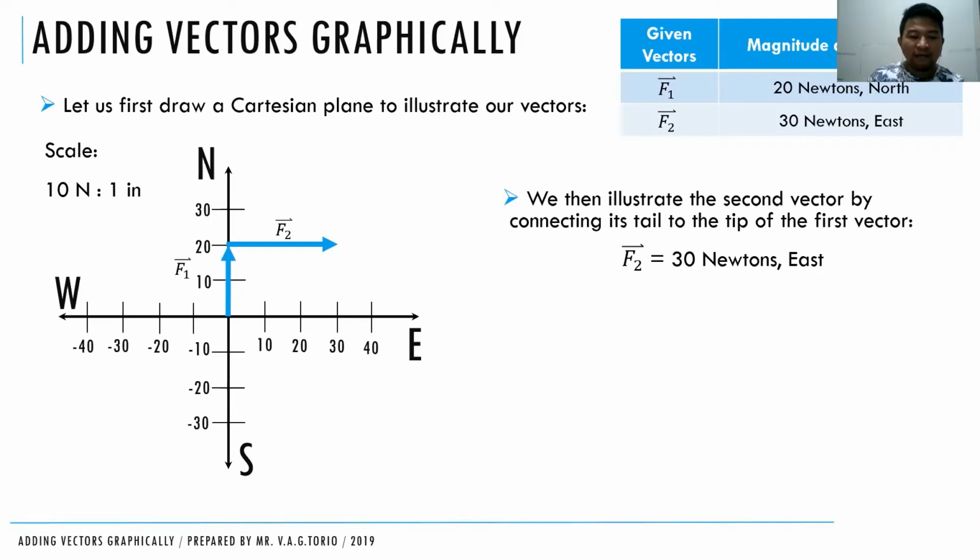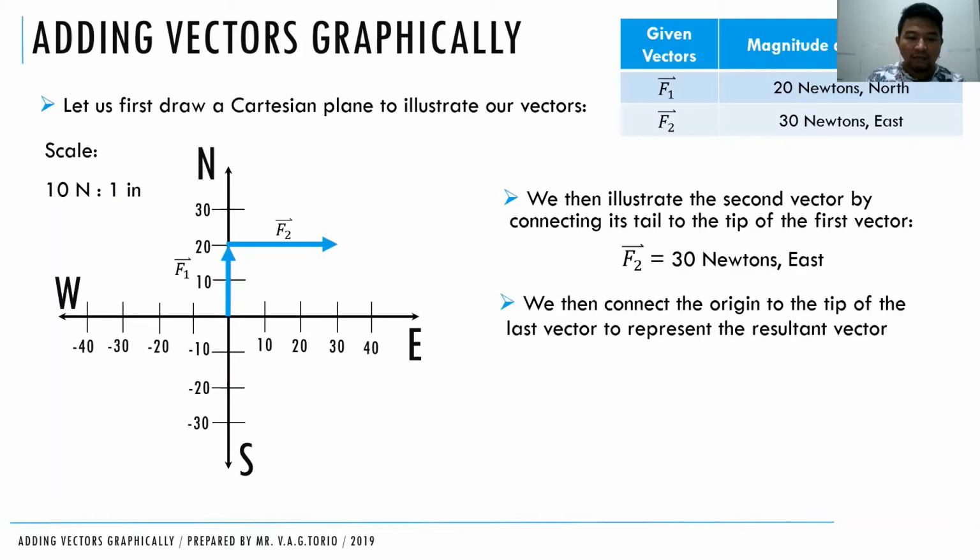And finally, the resultant vector, which is called resultant force F sub r, can be drawn from the origin up until the end of the second vector, or the last vector that you have considered. And in this case, it's F sub 2. And that's represented by our purple arrow, or purple ray here. And the label is F sub r.